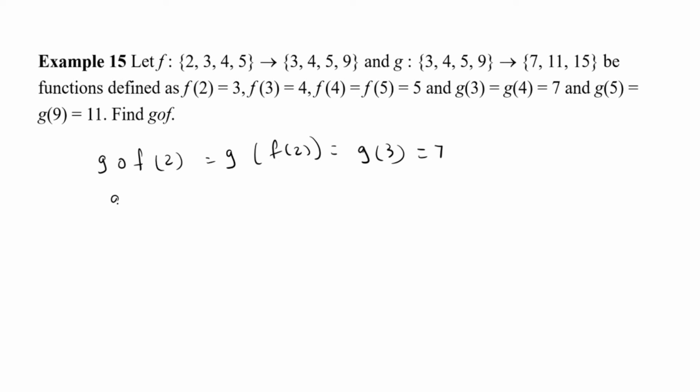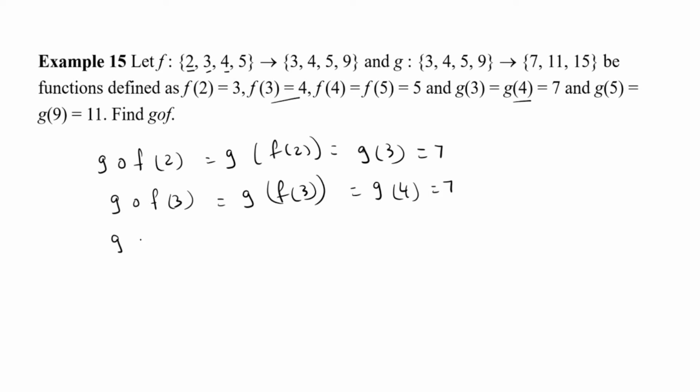Then the next element is 3. So g of f of 3 is equal to g of f of 3, which is given as 4. G of 4. Here g of 4 is given as 7. So g of 4 is equal to 7. The next elements 2, 3 we completed.